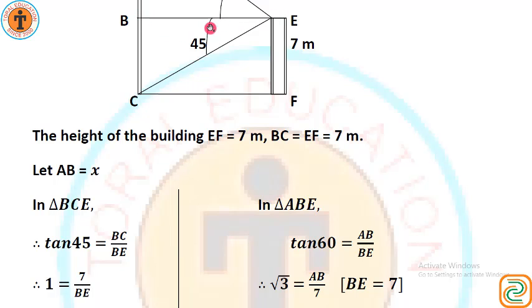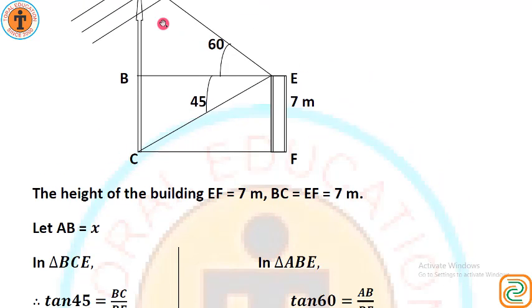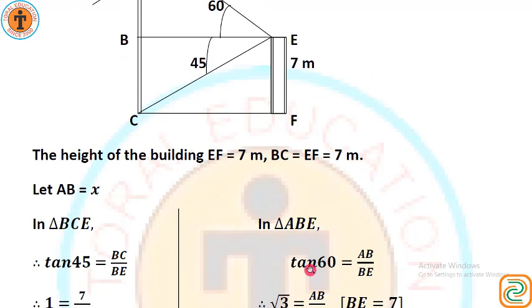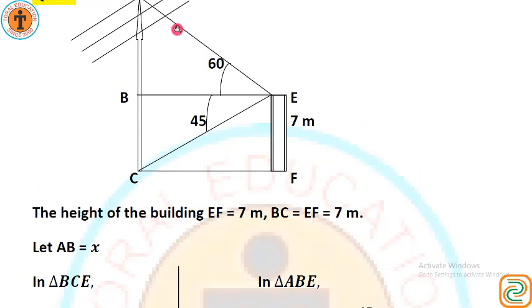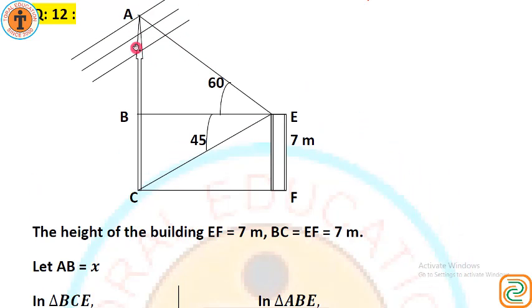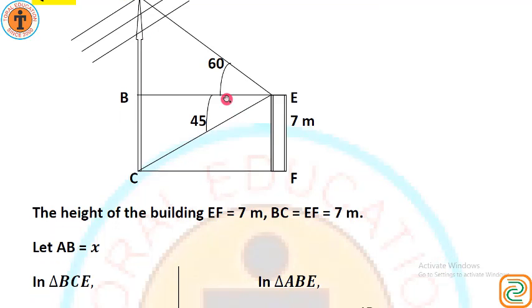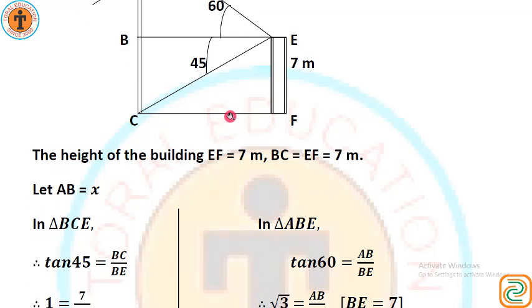Now in the above triangle ABE, tan 60 equals AB upon BE. BE is 7.